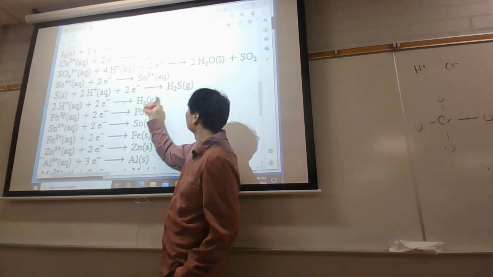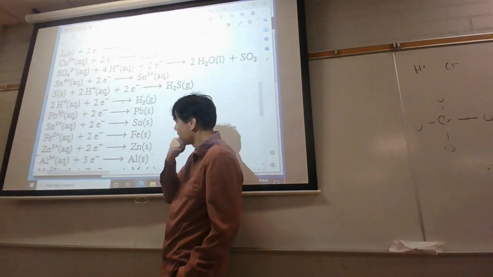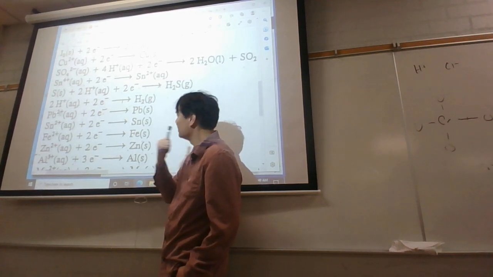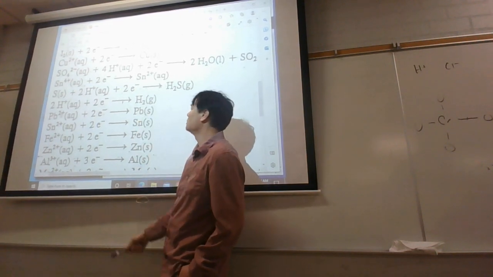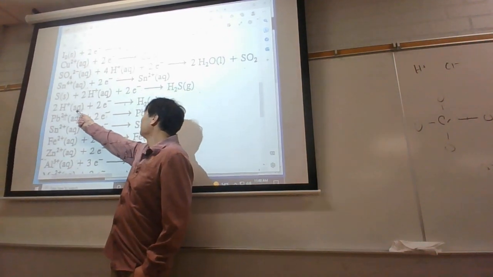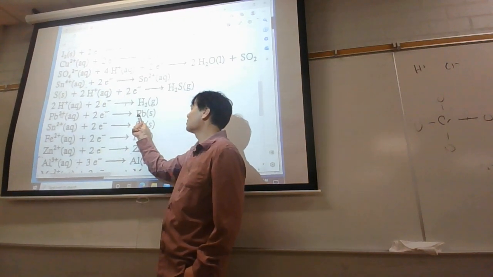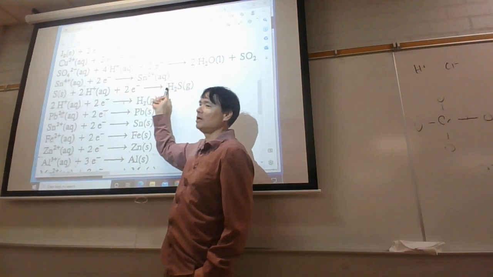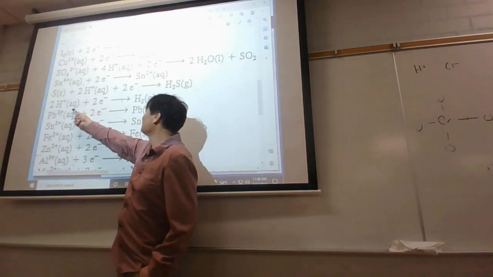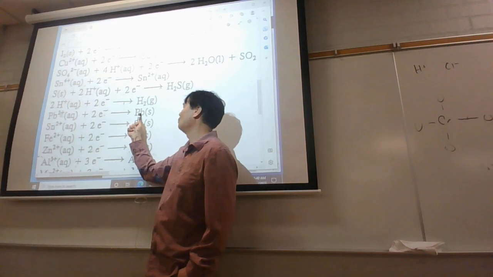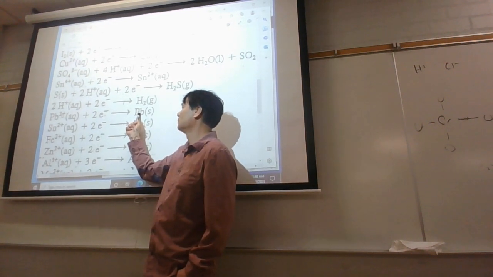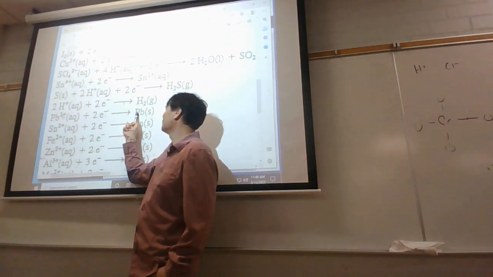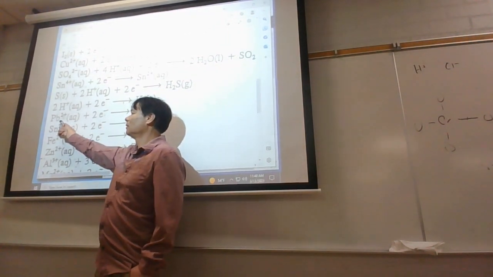Okay, so if we take H+, what's stronger than H2? Is lead stronger or H2S stronger? It's actually lead. Lead is stronger. What that means is H+ can strip electrons from lead, but it will not be able to strip electrons from H2S. When H+ takes electrons from lead, we form lead 2+.